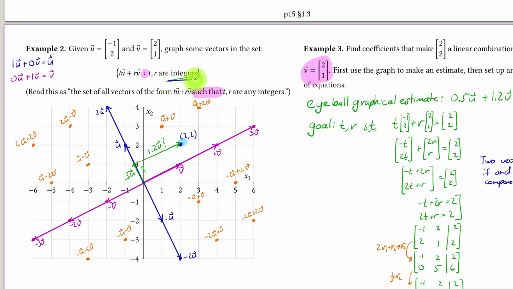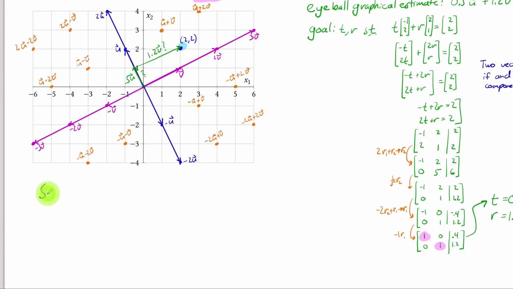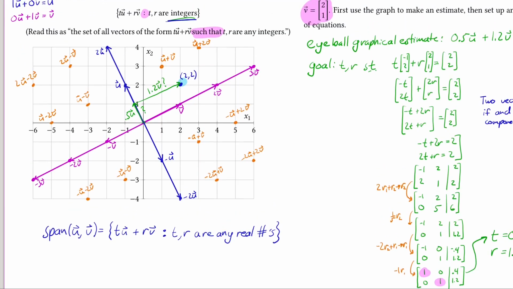But when we talk about the span of u and v, we could write it as the set of vectors of the form tu plus rv such that t and r are any real numbers. So not just integers. So that includes the point (2, 2), because that was actually 0.4u plus 1.2v.